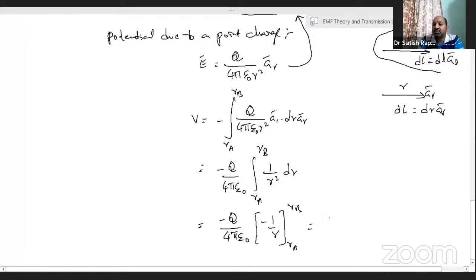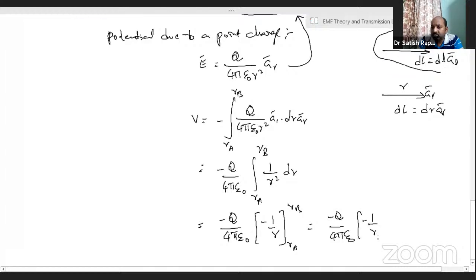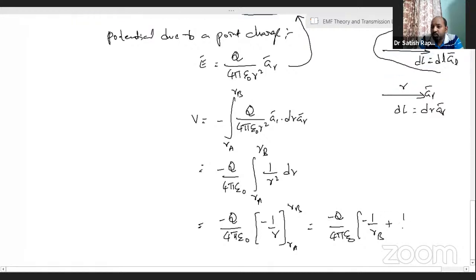If you substitute the limits here, you will get minus 1 by RB plus 1 by RA.